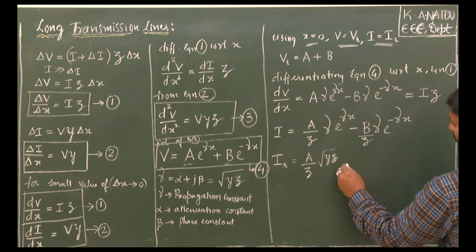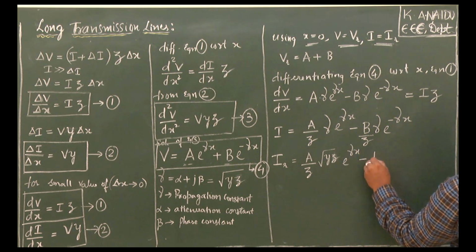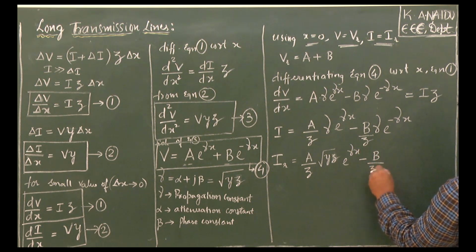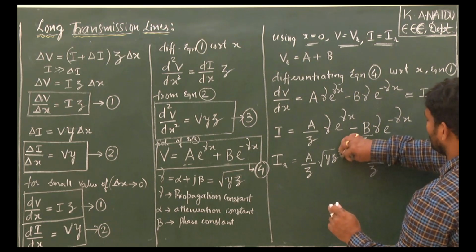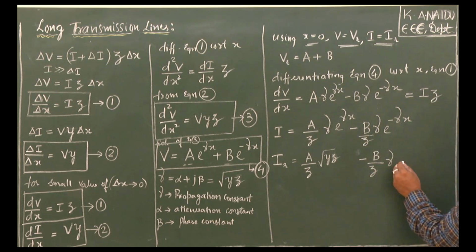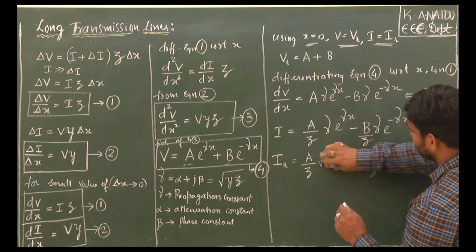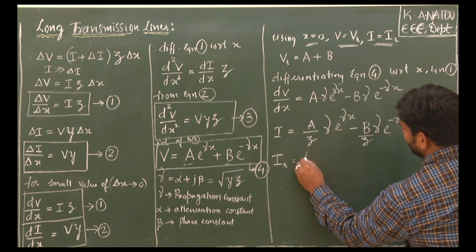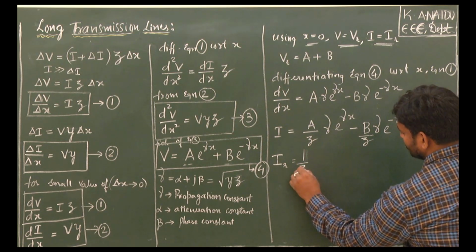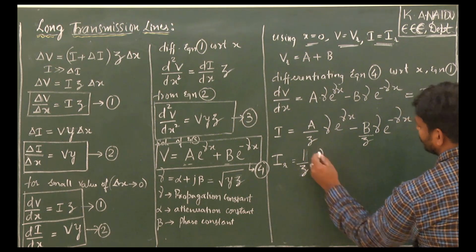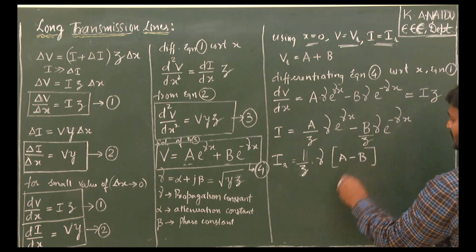Now, e power gamma x at x equal to 0 is 1, so this will be reduced to A upon z into gamma minus B upon z into gamma. If you take out 1 by z into gamma as common, you will have A minus B. Clear?